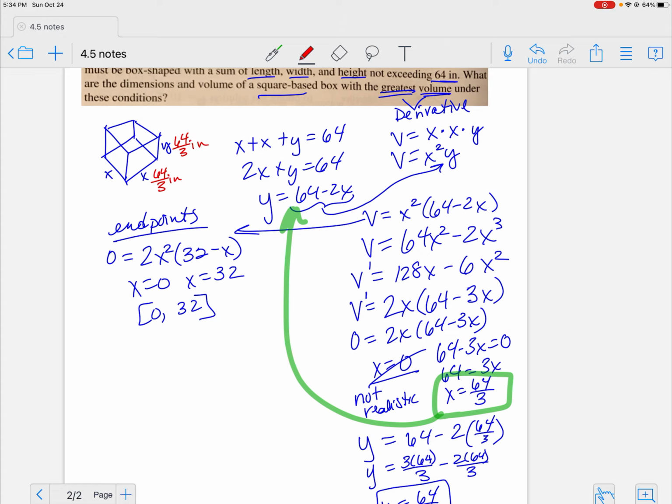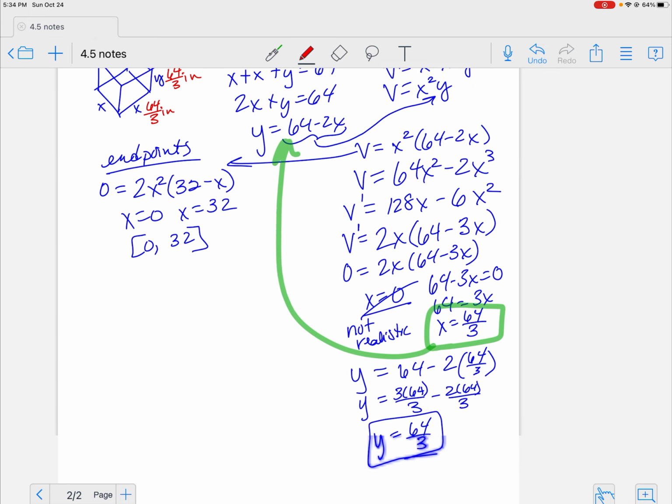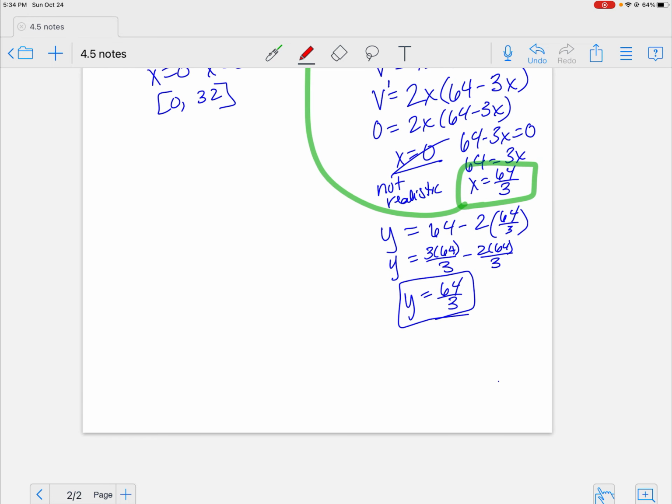If all of my dimensions are 64 thirds, what is that actually called? It's a cube, right? Yeah. So if I'm looking at a square base box, the bottom is already a square. Then if my height is the same thing, that's just going to give me a cube.